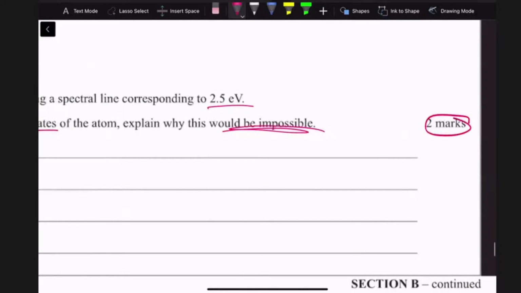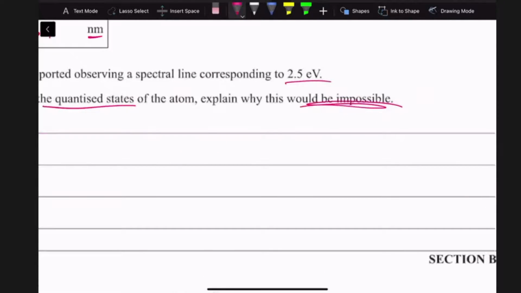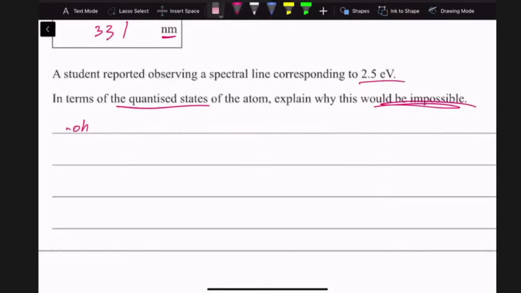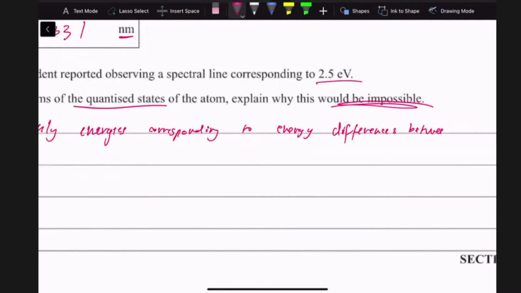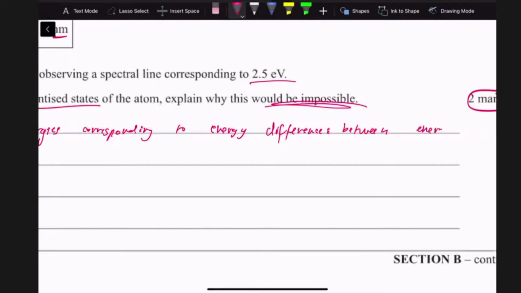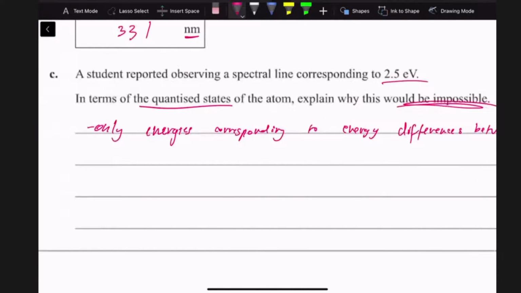So for 2 marks, you would have to say that, first, explain that only energies corresponding to energy differences between energy levels can be observed.